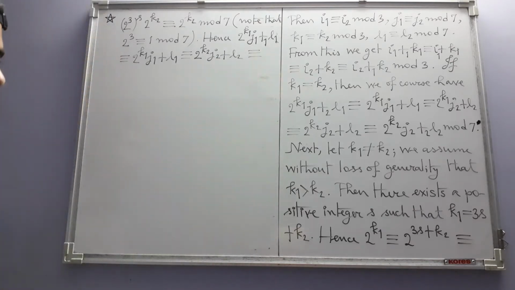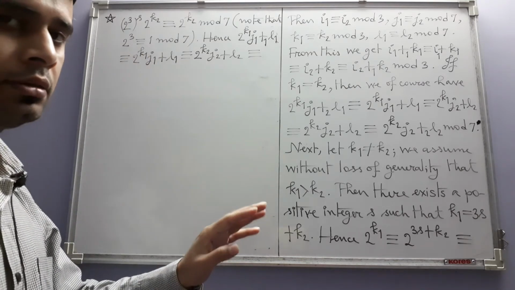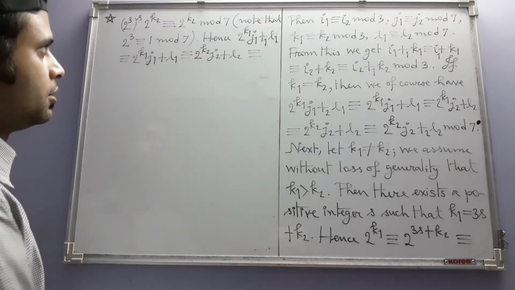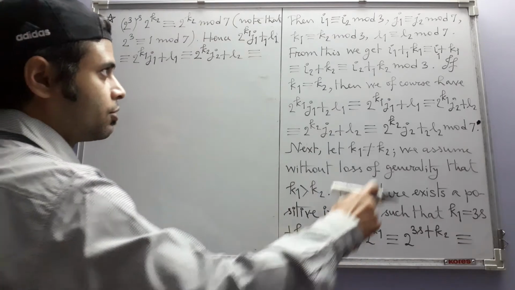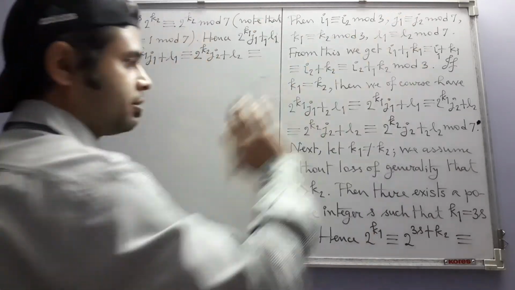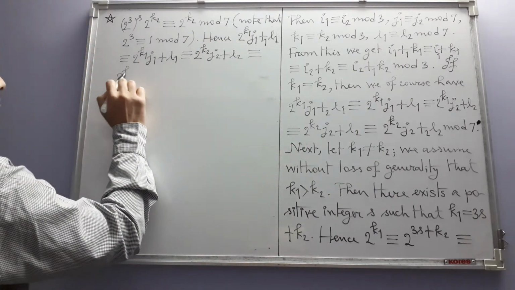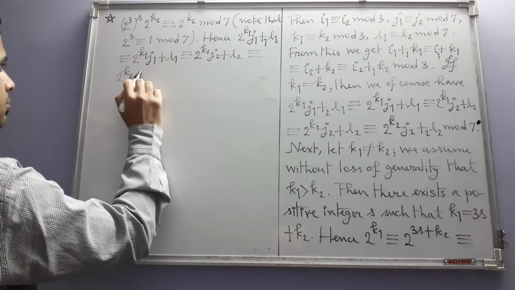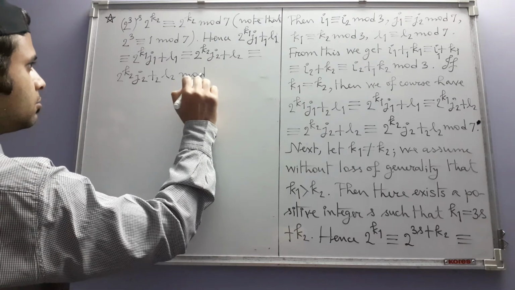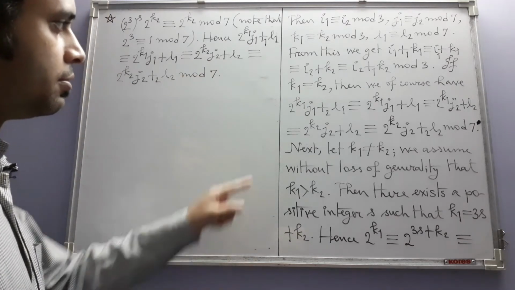In this case k1 and k2 are not equal, so 2 to the power k1 and 2 to the power k2 are not equal, but they are congruent to each other mod 7. So we multiply this last congruence with this one, and then to that product we add this congruence, and we will get this thing. Finally, plus l2 mod 7.